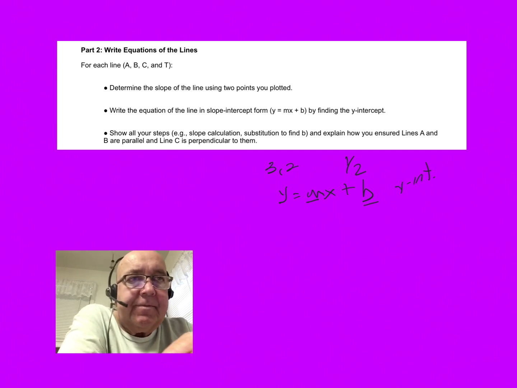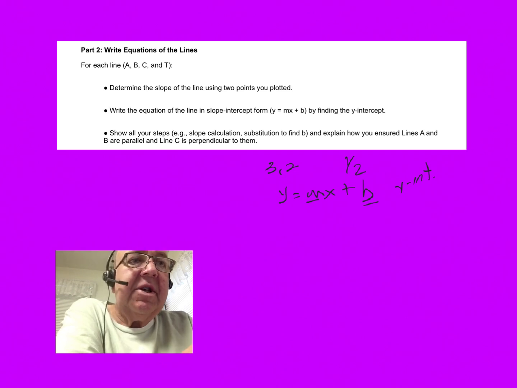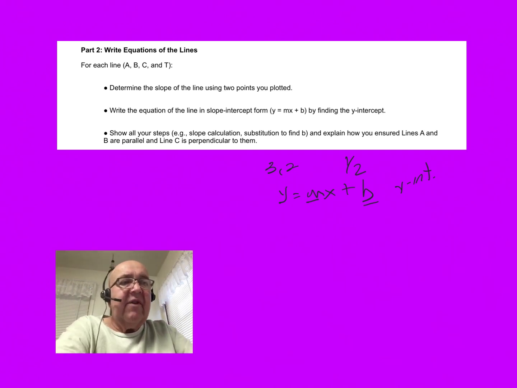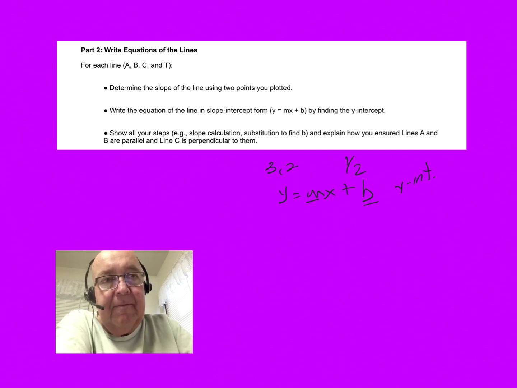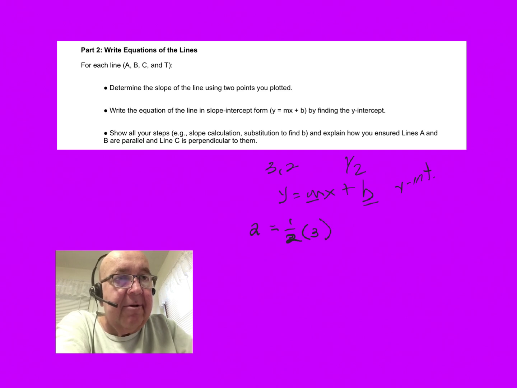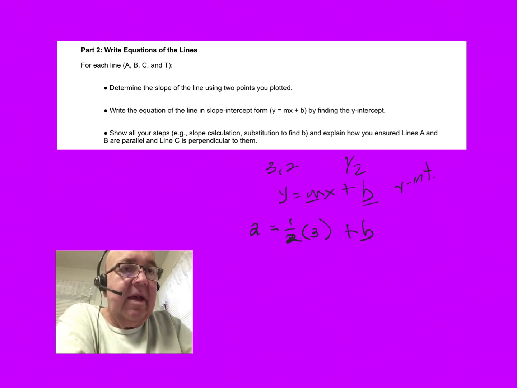Okay, so we're going to use a substitution method to find our value of b and write this equation. So my y value is 2, so I'm going to have 2 = 1/2 times 3, which is my x value, plus b.